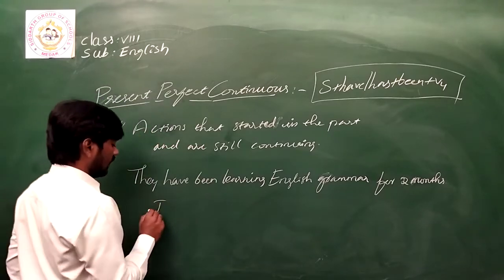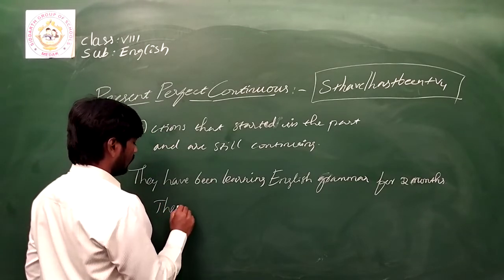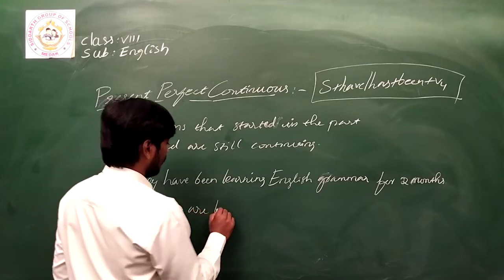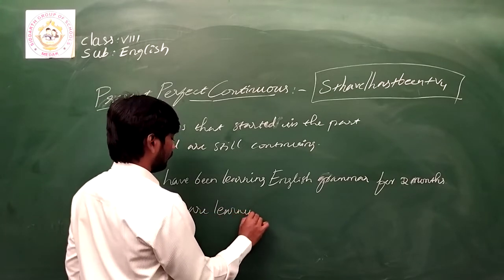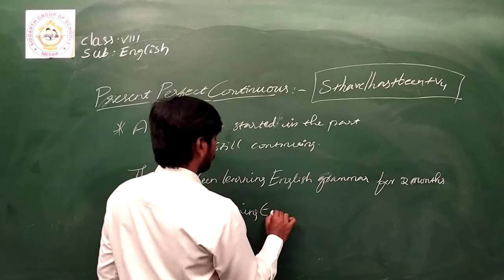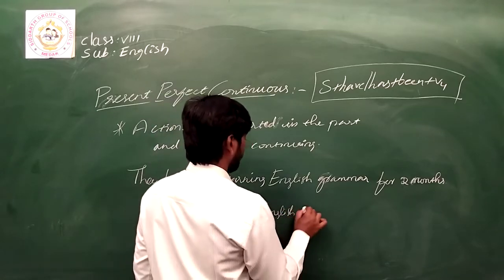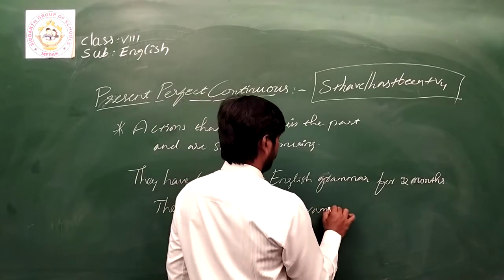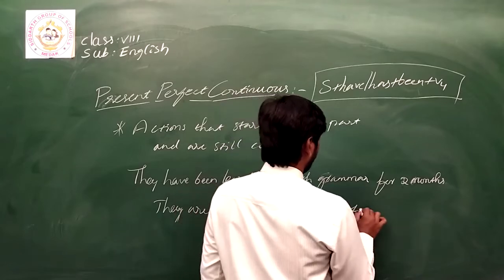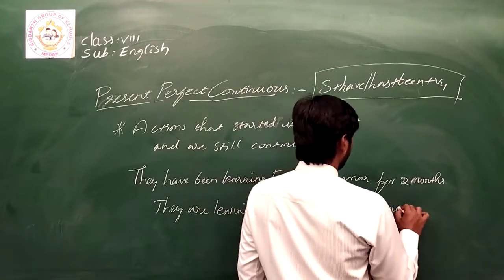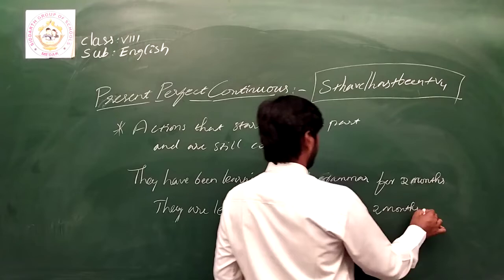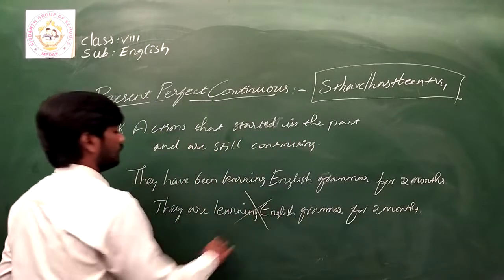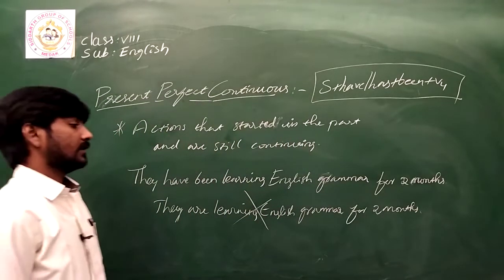Or you can say that they are learning English grammar for 2 months. That is wrong. Okay, copy this.